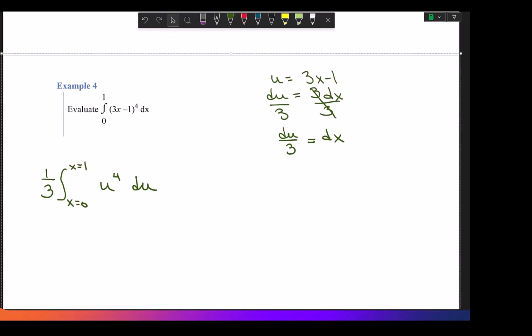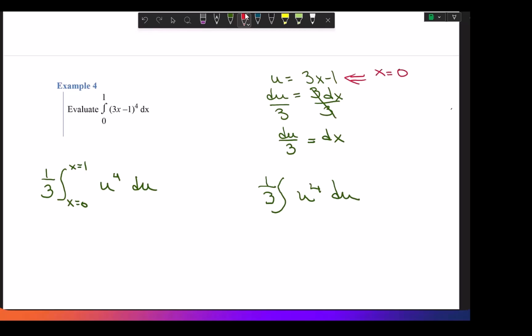My other option is to change my limits of integration. For example, if I want to integrate this, well, I already know it's 1/3 u to the 4th du. That's not changing. But instead of saying x equals 1 and x equals 0, I can just plug in up here.